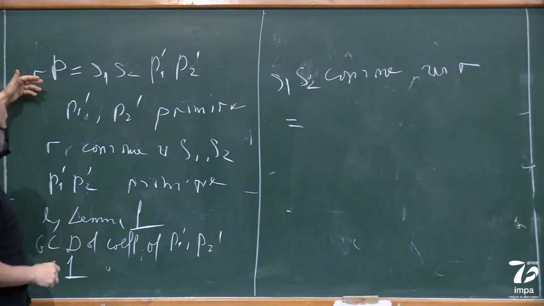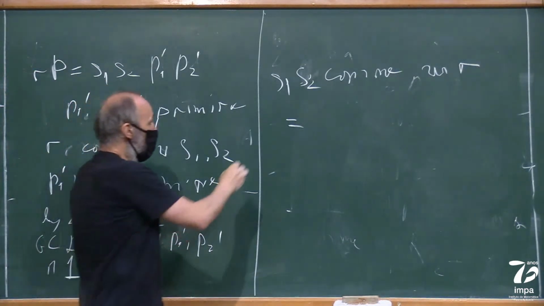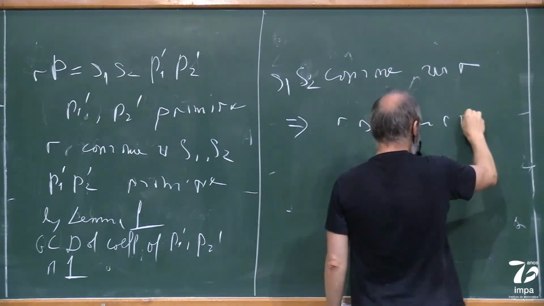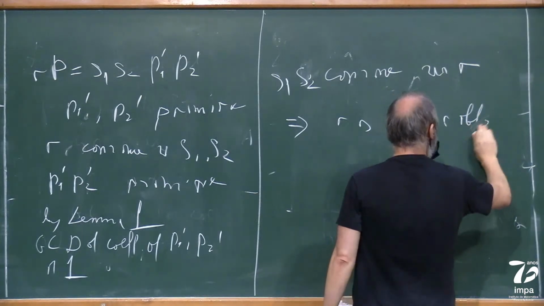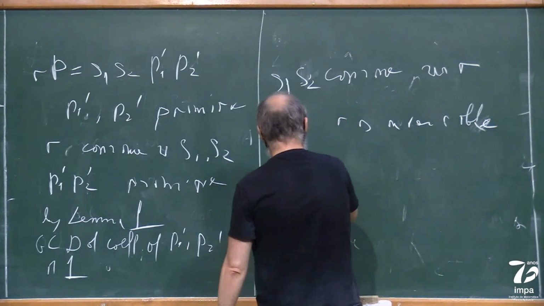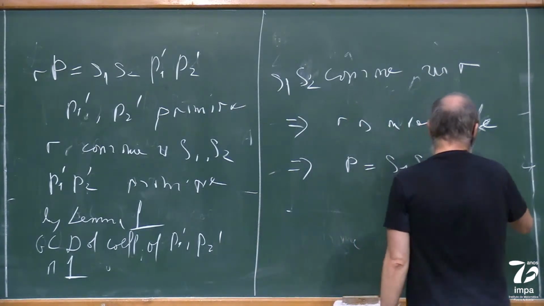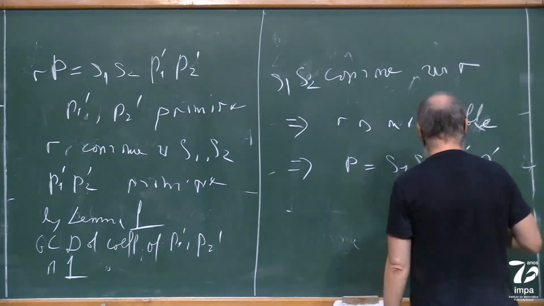But S1 and S2 are coprime with R, then R is invertible. And this means that P is S1 S2 P1' P2'.